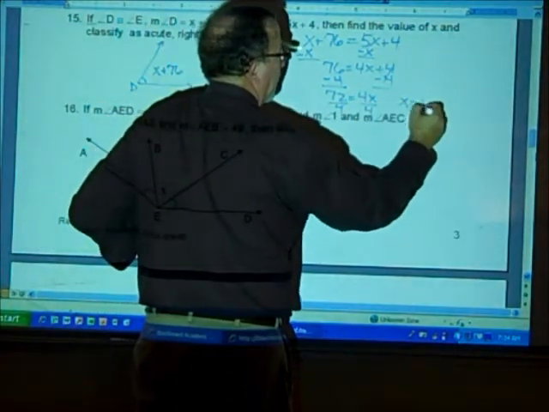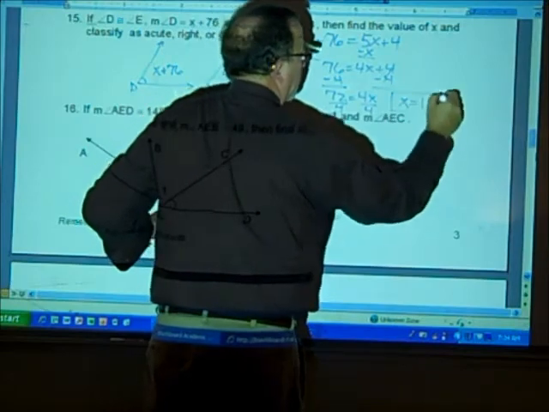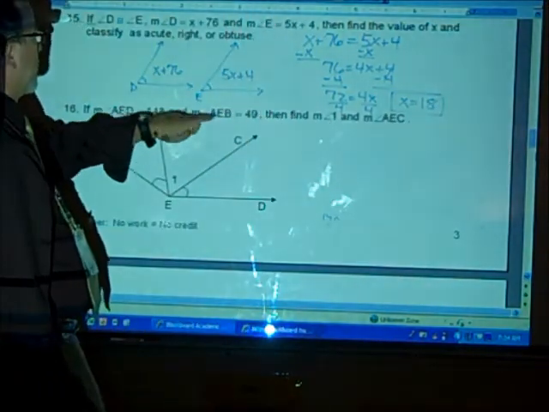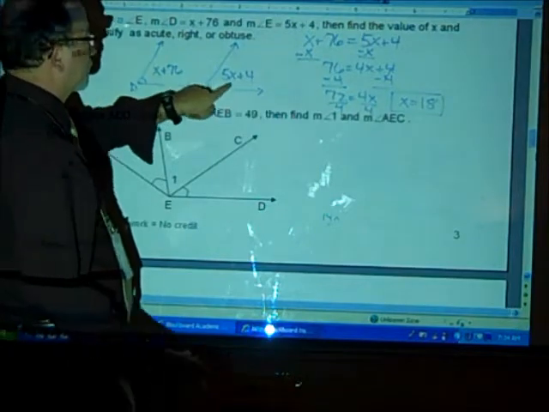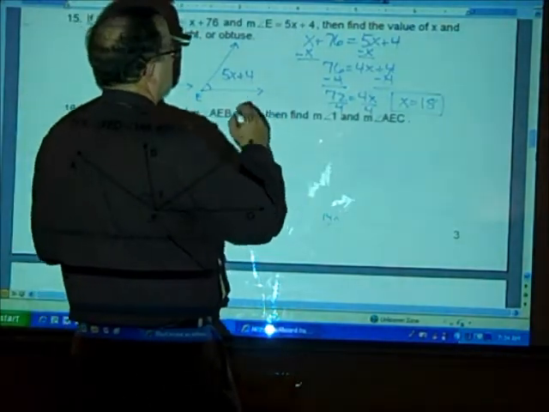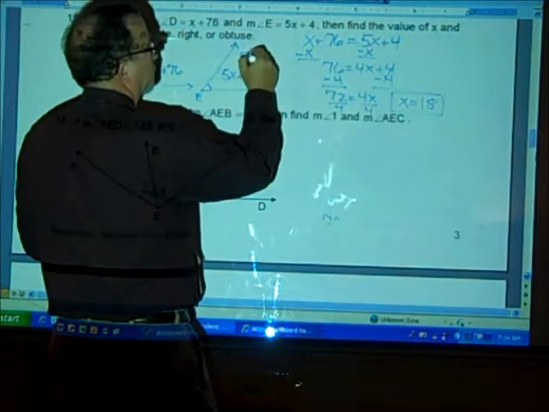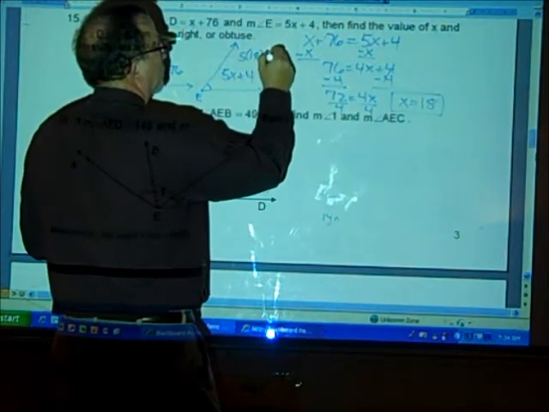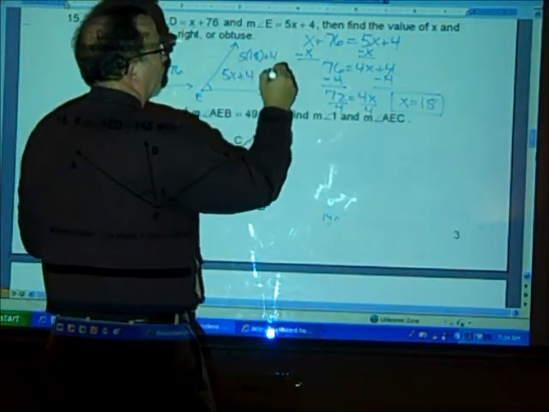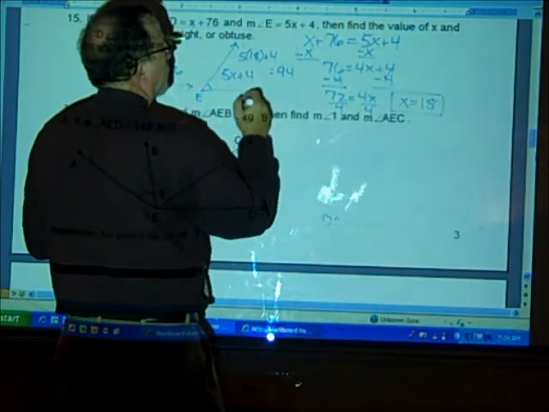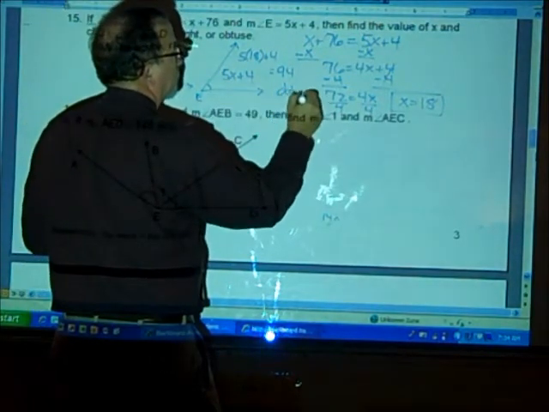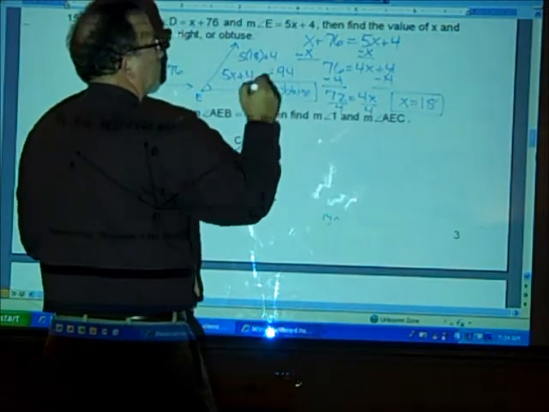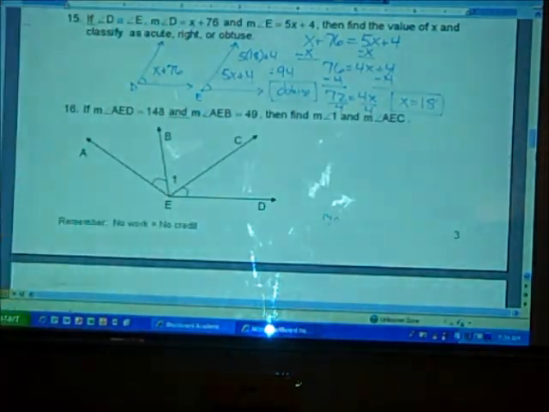X equals 18. We want to classify this angle as acute, right, or obtuse, so we're going to plug it in. 5 times 18 plus 4 is 94. So the angle must be obtuse. So that would be number 15.